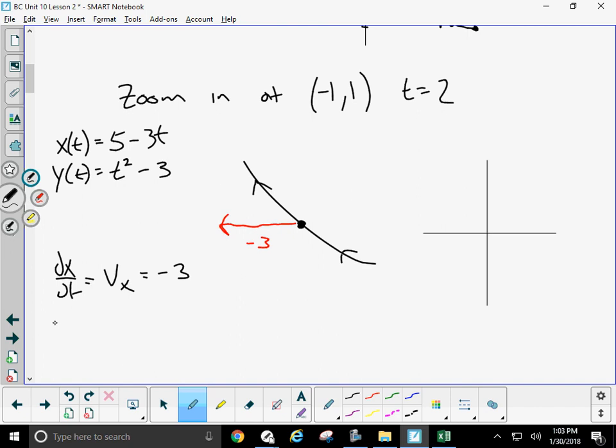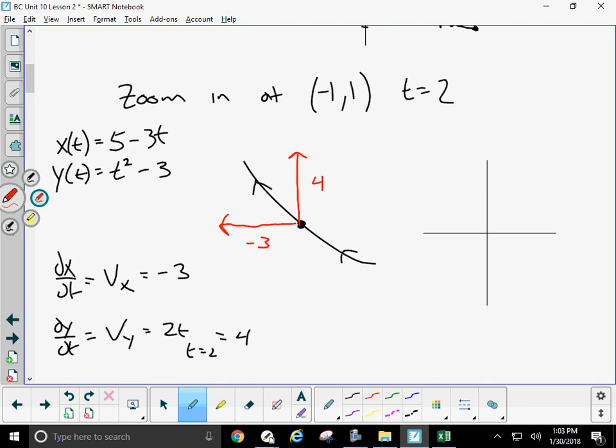And then the particle has a y direction, and it's really a velocity in the y direction, v sub y, and it's given to us by 2t, and we can find that at t equals 2, and I get 4. So the particle is moving up, and it's moving up this quickly. So this has direction and length.